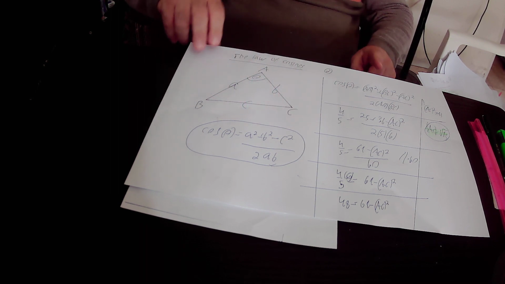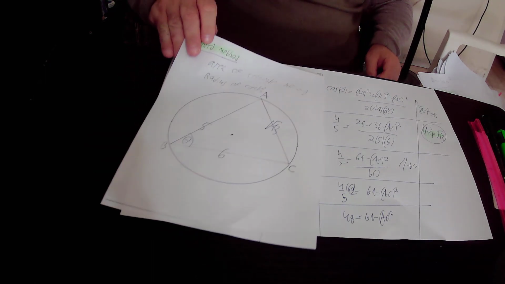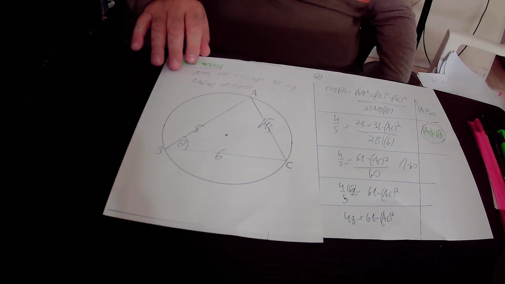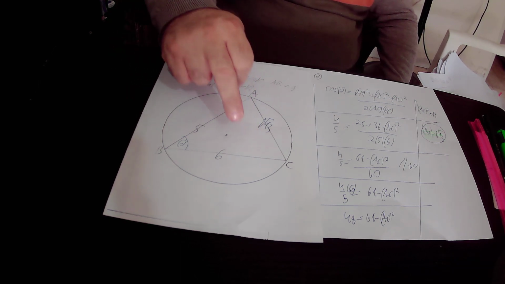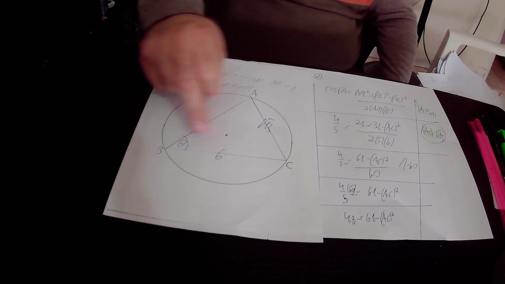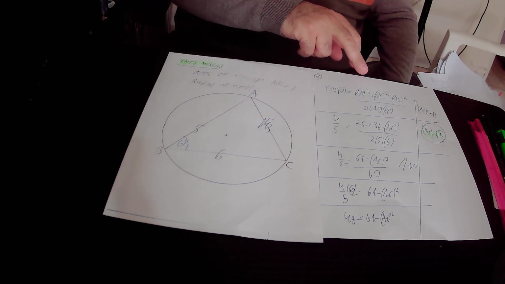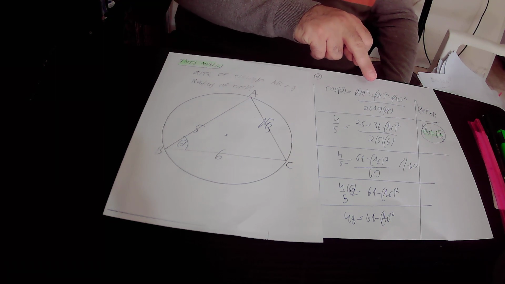So in our triangle ABC, according to the law of cosines, we get that cosine theta equals AB square plus BC square minus AC square over 2 times AB times BC.